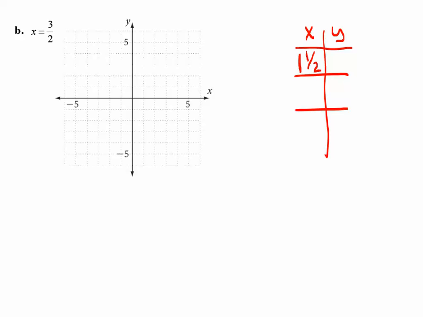But at the same time, this equation, x is equal to 3 halves. What does that mean? Because there's no y whatsoever. There's no relationship between x and y. Well, a few things here. It means that x is always the same. X has to be a constant, and that constant is 1 1/2. Cool. At the same time, it also means y could be any number whatsoever.